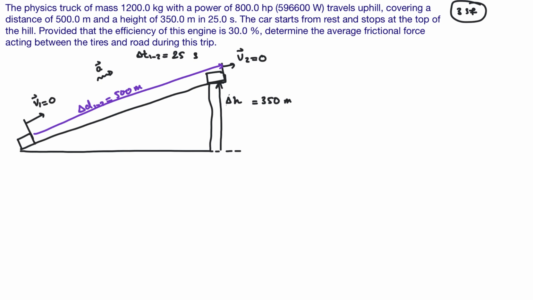What are the forces acting in between? Well, there's the force caused by the engine. There's going to be a frictional force because that's what we're trying to figure out. There's the normal force acting on it as it's traveling up, and there's the gravitational force also acting in this direction.